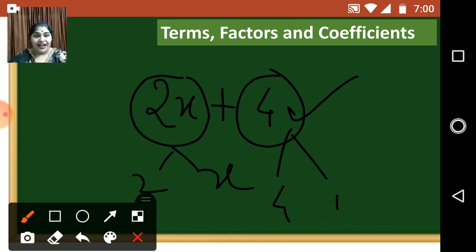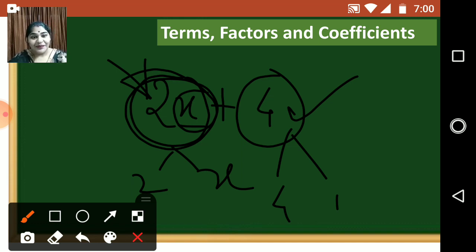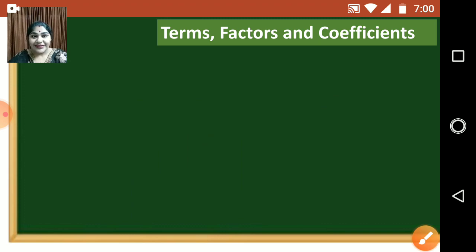Now when you see this term, there is a variable present, and along with the variable there is a number. This is known as the coefficient of x. So 2 is the coefficient of x here. I hope this is clear.